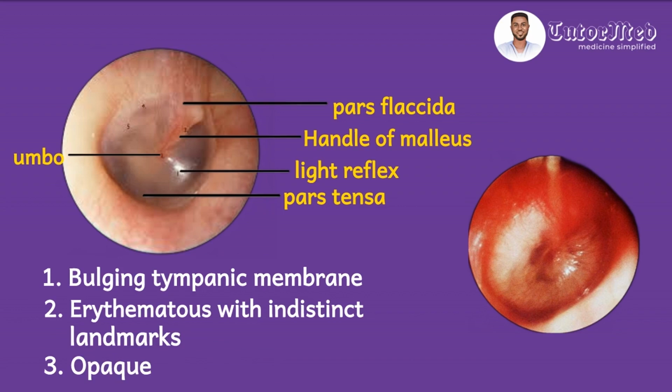Light cannot really go through the tympanic membrane. Then there will be loss or displacement of the cone of light, like we said earlier. Then as well, there may be an exudate in the ear canal, particularly when the organism is pyogenic. And so these are some of the findings that can be found during otoscopy, and that answers our first question.